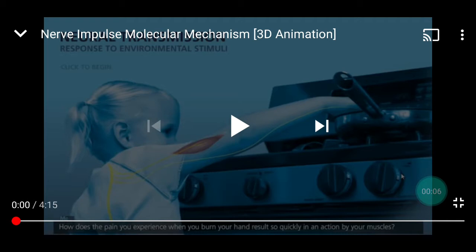Today in this video, we'll learn about the excitation and conduction of nerve impulse. The neurons are excitable cells surrounded by ECF, that is extracellular fluid, and their membrane is selectively permeable to different ions.